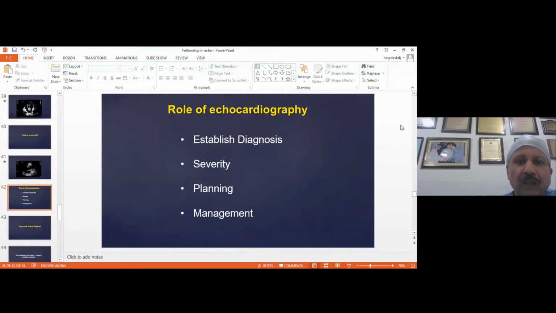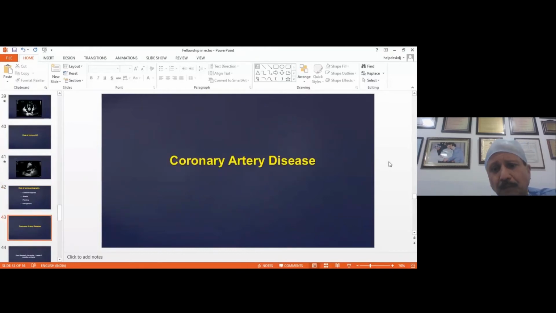And therefore, echocardiography has helped you in the overall management of the patient. In our institution, almost 200 2D echocardiograms are done every day because of the volume of clinical cardiology, and because it helps in day-to-day practice.